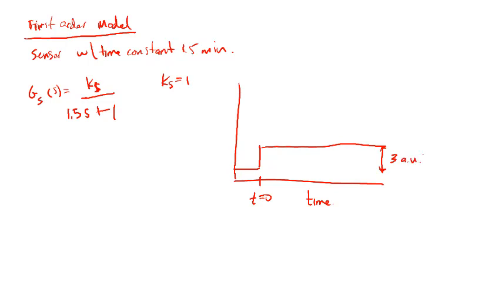If it's a sensor, it would be maybe degrees C. On this side we have our input, u as a function of time. Then over on this side we have our output variable, y, for example temperature.